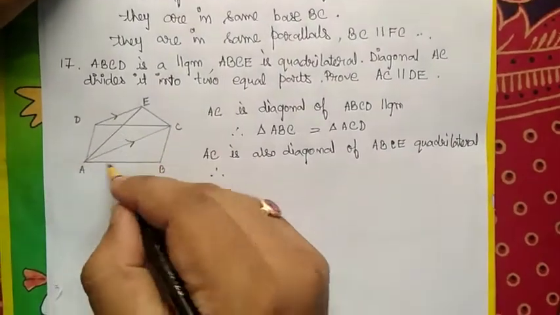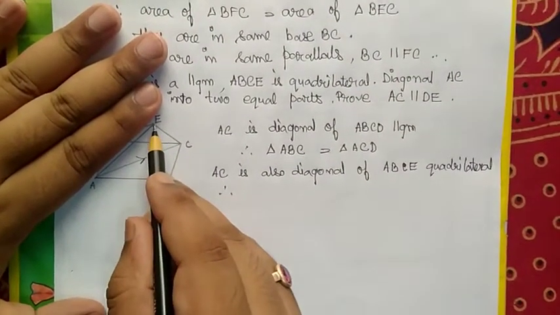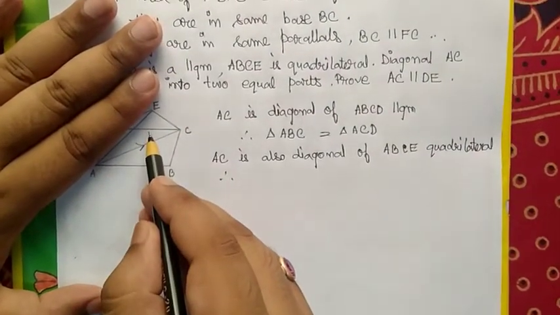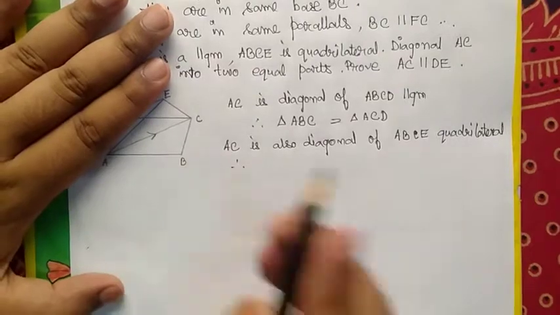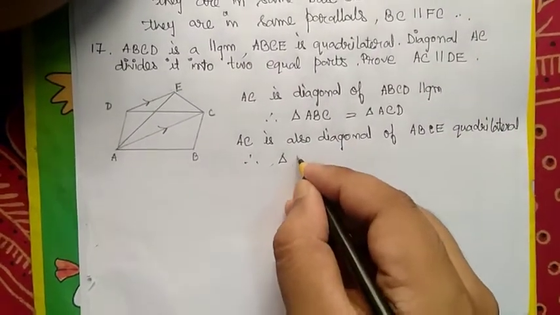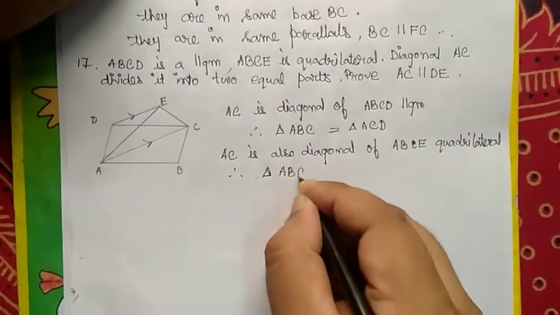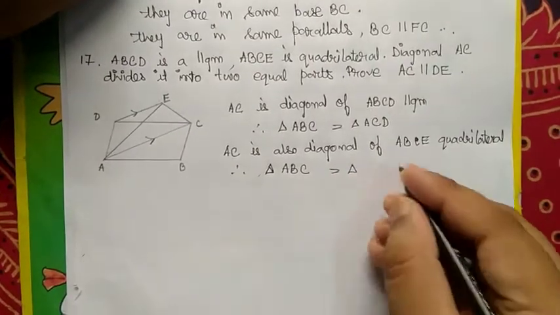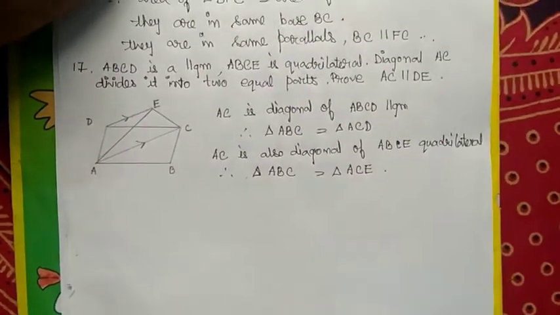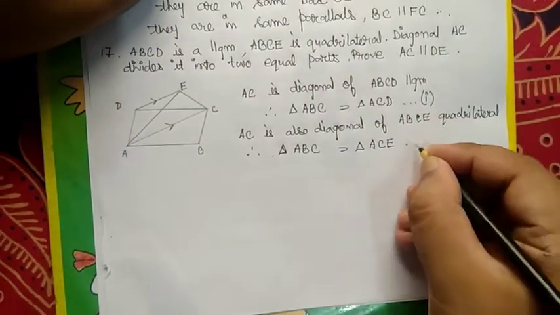In the question it is given that the diagonal AC bisects it, or cuts it into two equal halves, so therefore we can say that triangle ABC equal to triangle ACE. So this is 1 and this is 2.